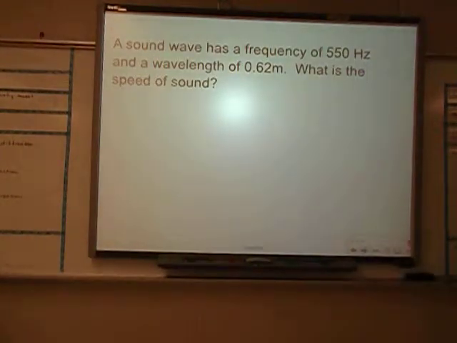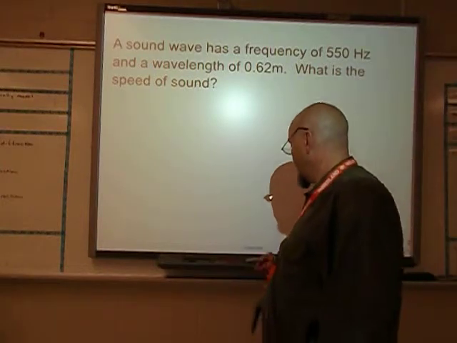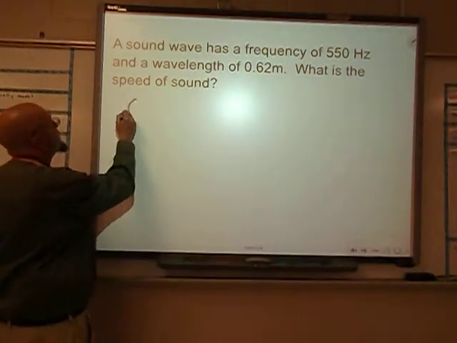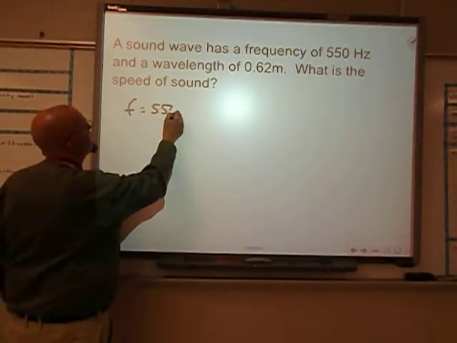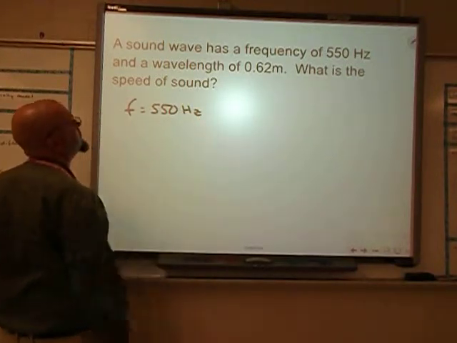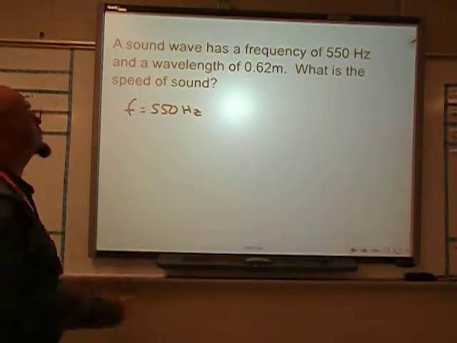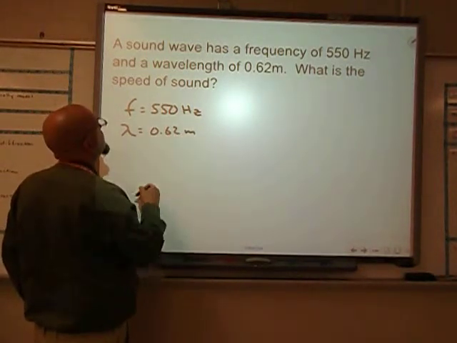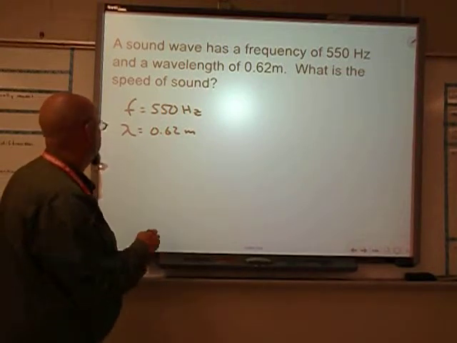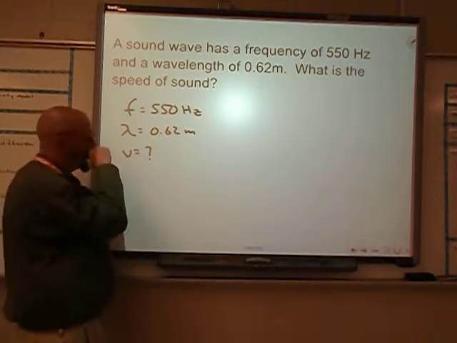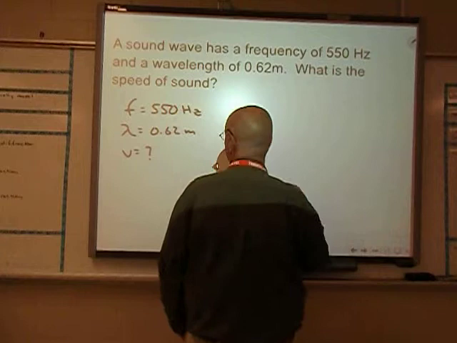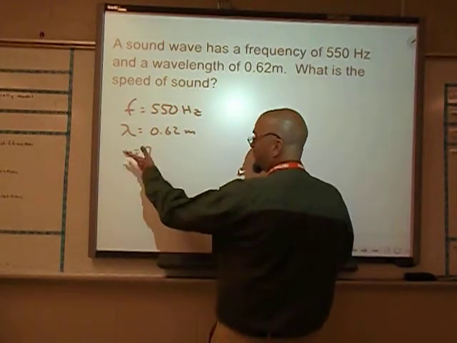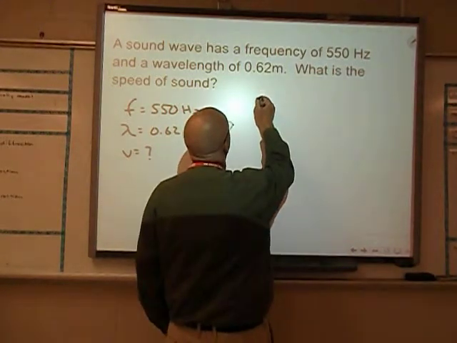Let's take a look at how it works. A sound wave has a frequency of 550 hertz and a wavelength of 0.62 meters. What's the speed of sound, or velocity? Waves tend to move in straight lines, so distance and displacement are typically the same, so speed and velocity are interchangeable here.